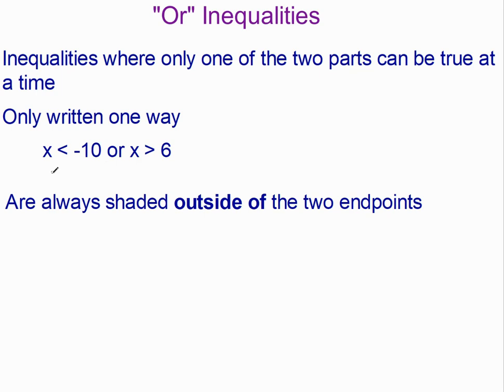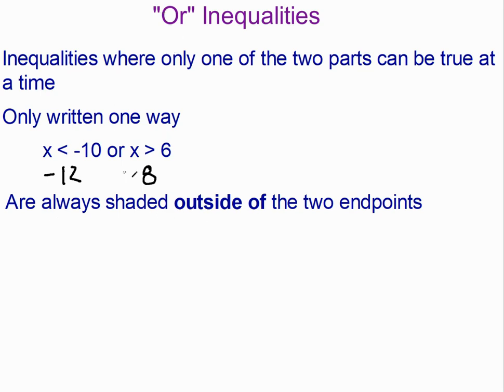For example, if I want a number that is smaller than -10, I could say -12. If I want a number that is bigger than 6, I could say 8. But if I tried to say -12 is bigger than 6, that's not true. And if I tried to say that 8 is smaller than -10, that's not true either. So only one of these can be true at a time. That's why it's an or inequality.